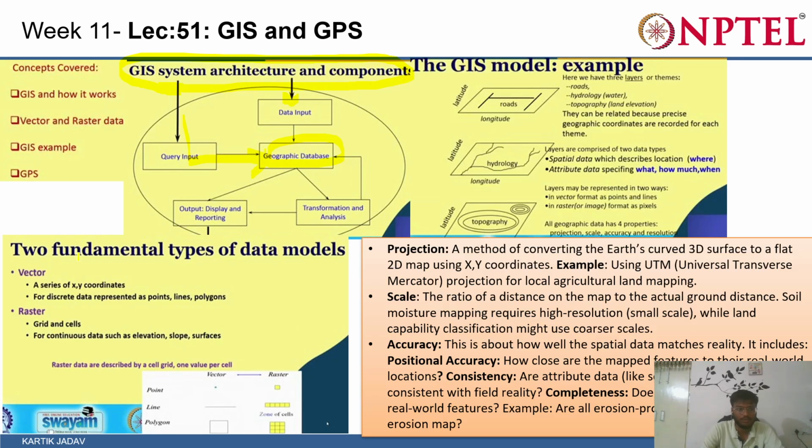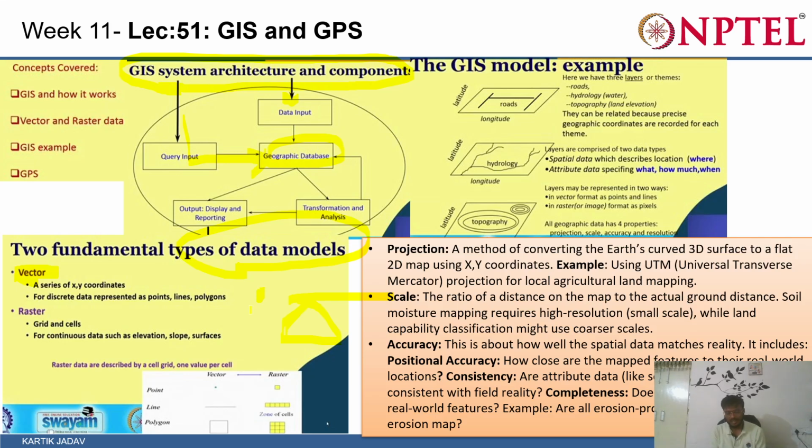Generally, there are two fundamental types of data models in GIS: vector data and raster data. Vector data is a series of XY coordinates, and discrete data is represented as a point, line, or polygon.